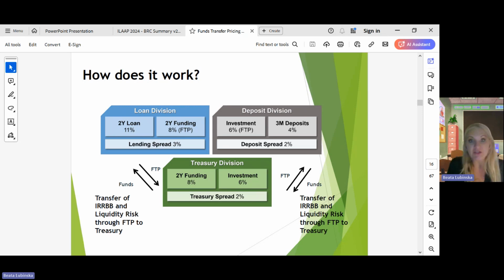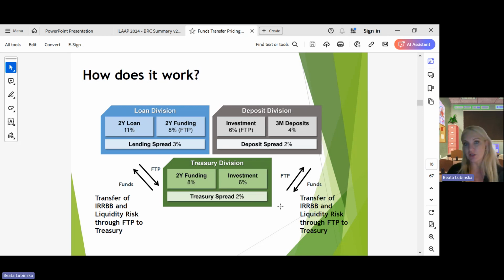However, there is one main difference between those two. As you can see, you have the exposure to interest rate risk and liquidity risk. In the treasury department, we have other risks such as FX risk, option risk, behavioral risk, basis risk.